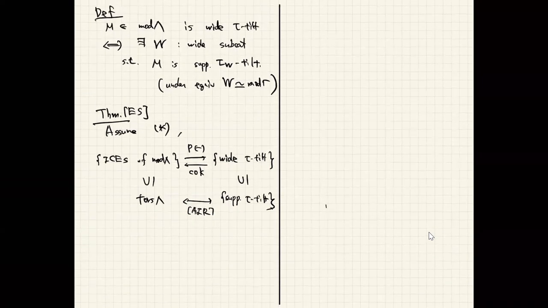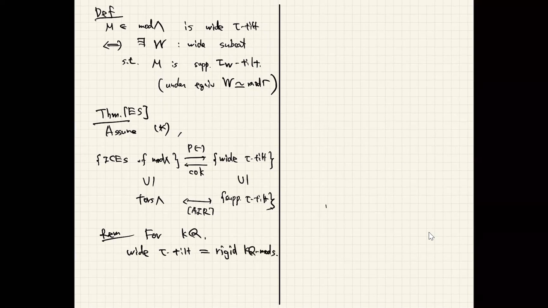And a final remark. As we saw before, for the path algebra case, everything is very simple and nice because a wide tilting module is just a rigid KQ-module.